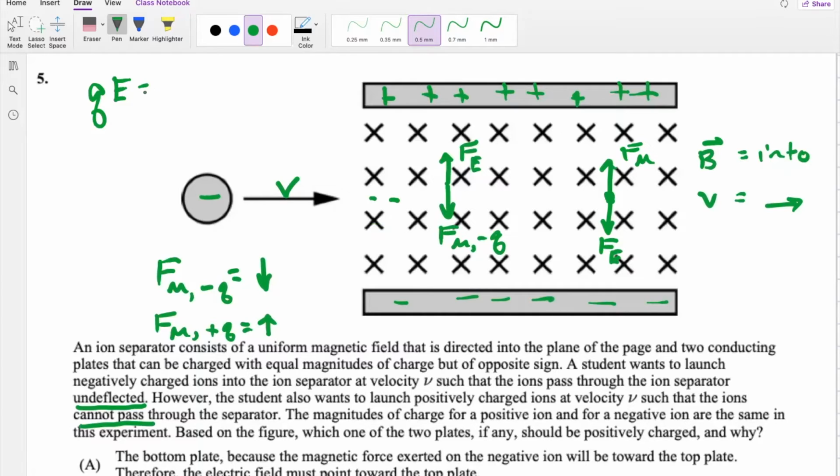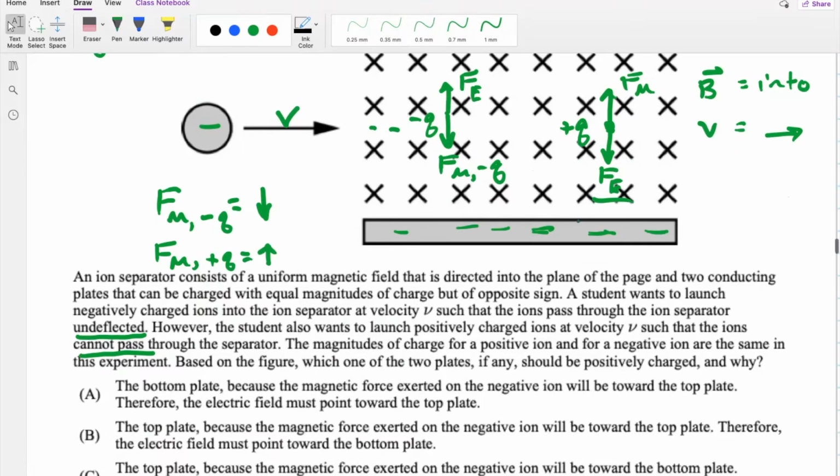That's the electric force equals the magnetic force. And if we want an electric force down, negative charges are going to work here as well. And so the negative charge that would attract that positive charge here and repel this negative charge are going to be consistent in both scenarios.